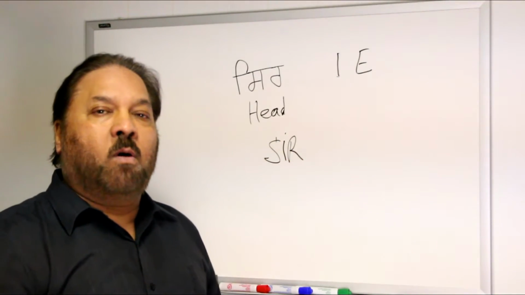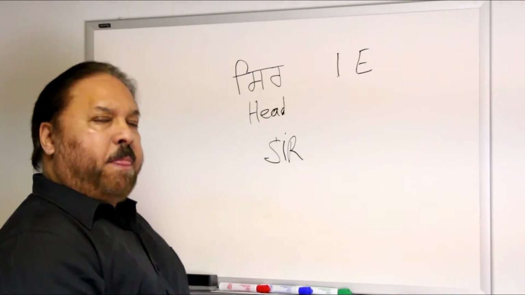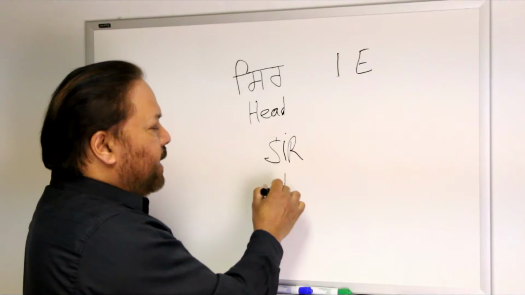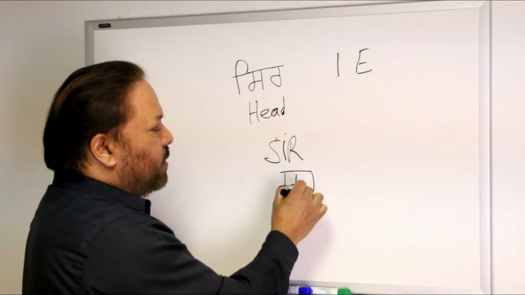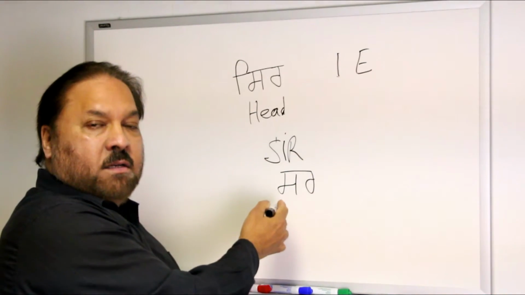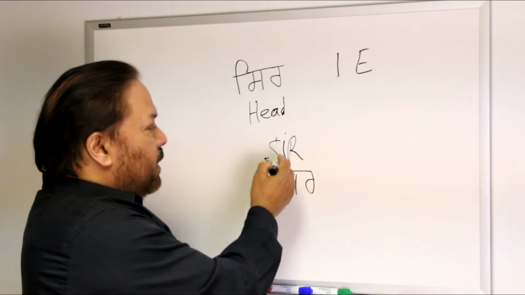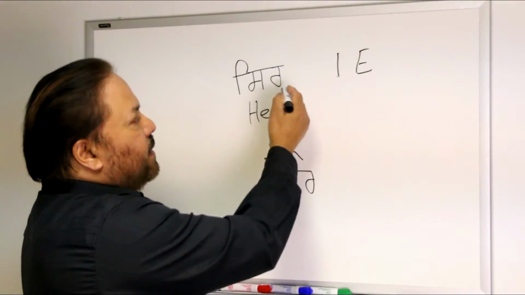It will also be called sir. But in Punjabi, if you want to write sar, it will be like this: S for sasa and rara. But if you want to write sir, it will be like this.